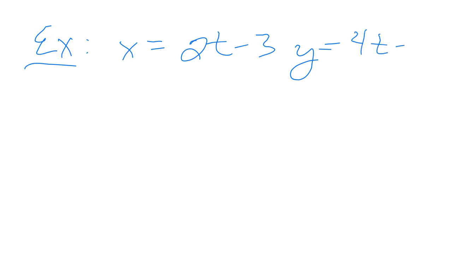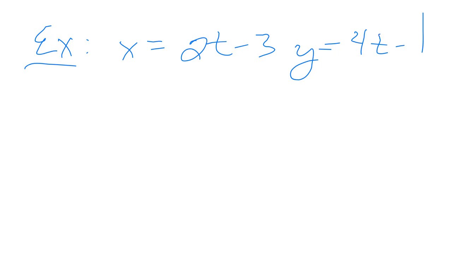If we have parametric equations x equals 2t minus 3 and y equals 4t minus 1, basically every t works. T could be negative, though if t is time, then t would be greater than or equal to 0.